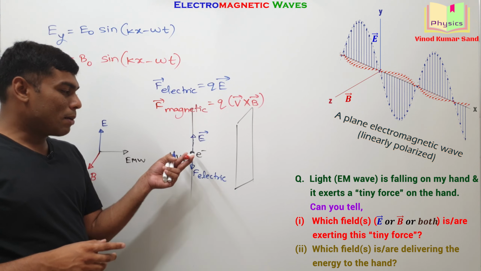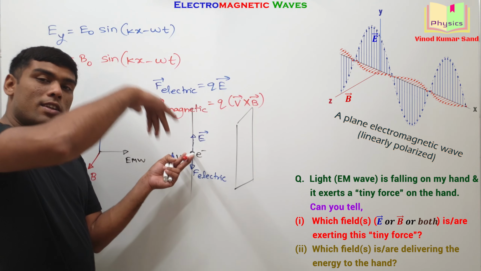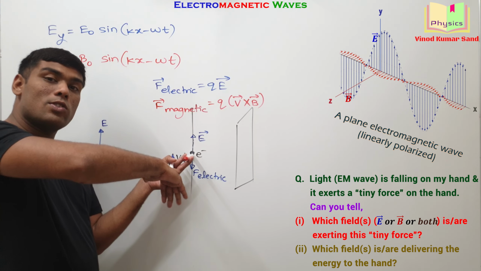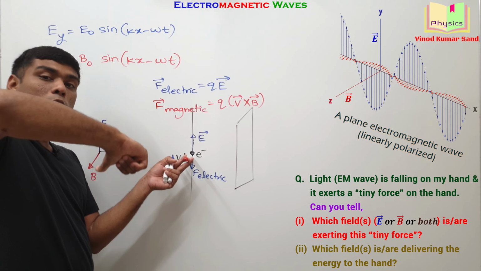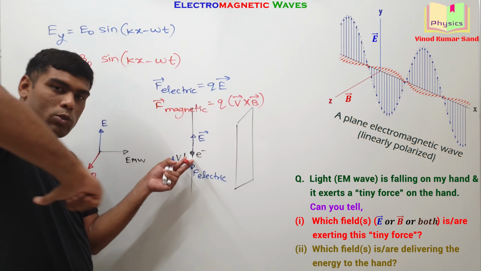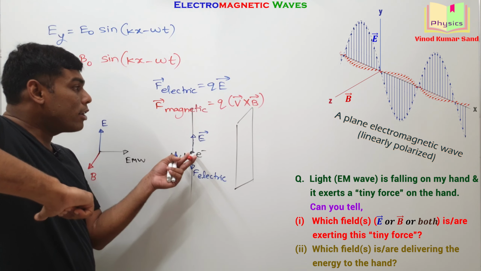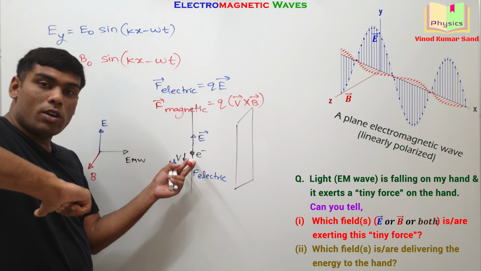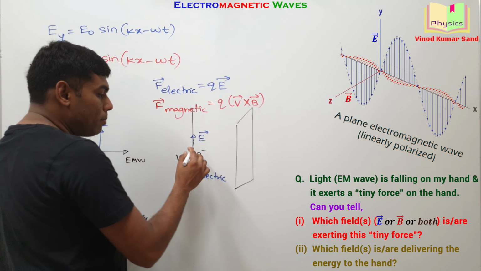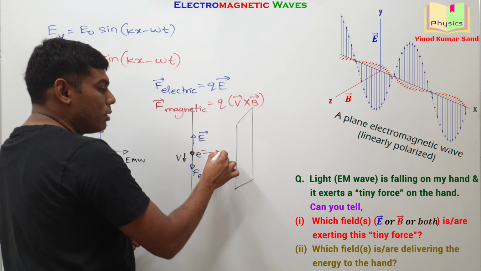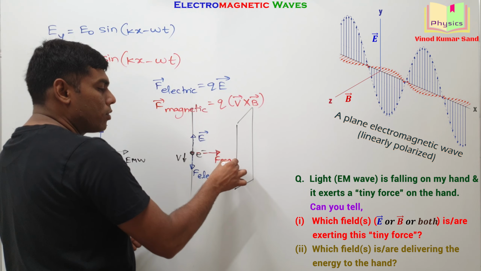Correct. Think about it. V is in this direction, B is in the outward direction. So for Q V cross B, you first obtain V cross B, which will be pointing like this. Then you put the value of Q, which is negative. So this should be the correct direction. It means the magnetic force will be in this direction.